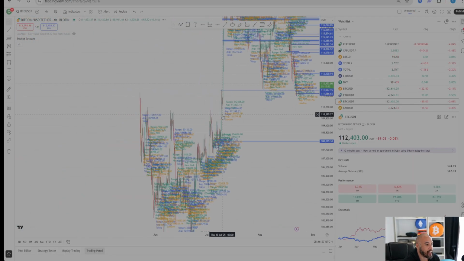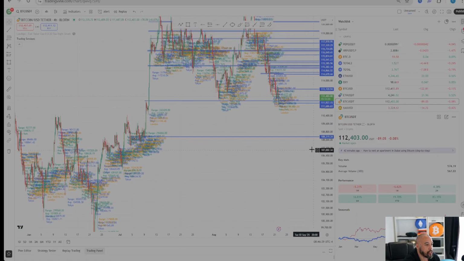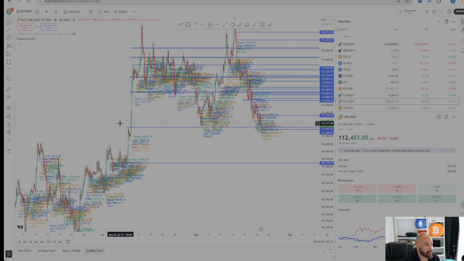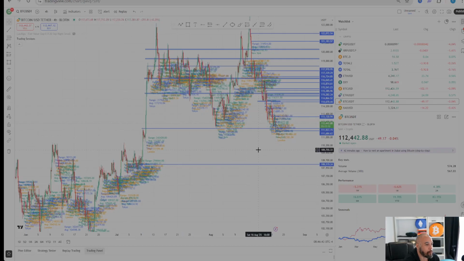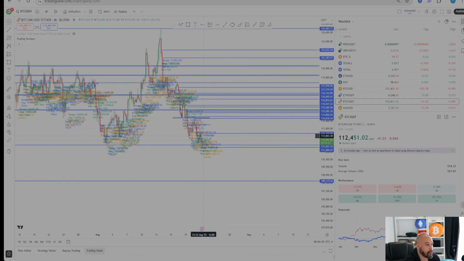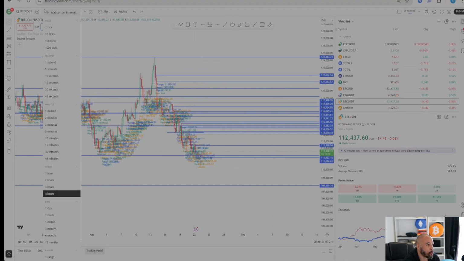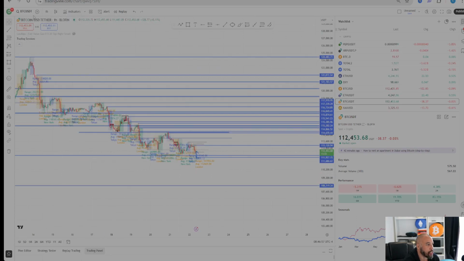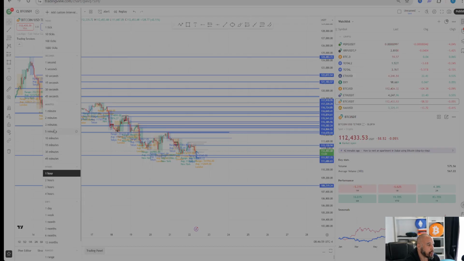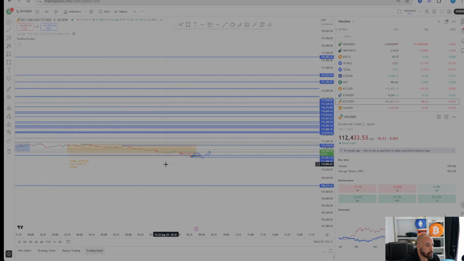And this here seems like potentially was the last bit of liquidity to grab. And now potentially we're going to the upside to continue this bull run. Could we have just witnessed the bottom of this bearish trend? There's only one way to find out.